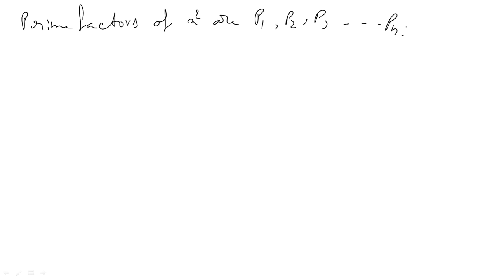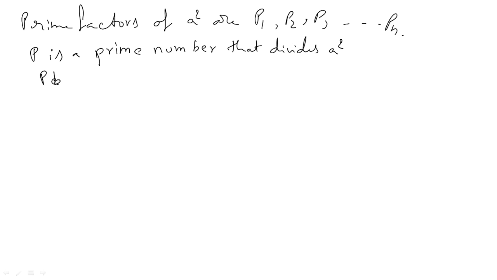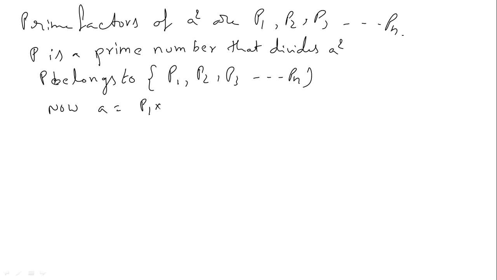Okay. So P is a prime number that divides A square, isn't it? Now, P belongs to P1, P2, P3 and so on Pn. Now, A is equal to P1 into P2 into P3 and so on Pn.